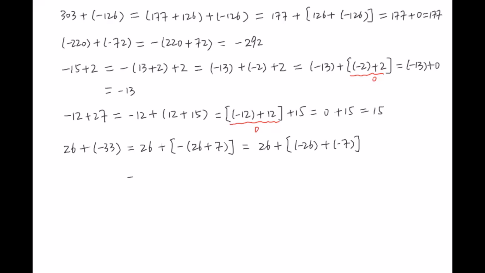Then we can use the associative property, 26 plus negative 26. According to the property of opposites, this is 0. 0 plus negative 7 equals negative 7.